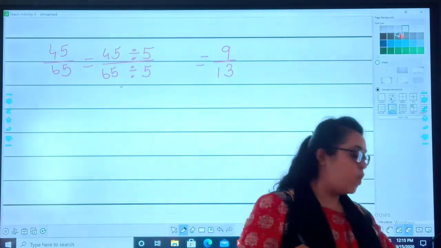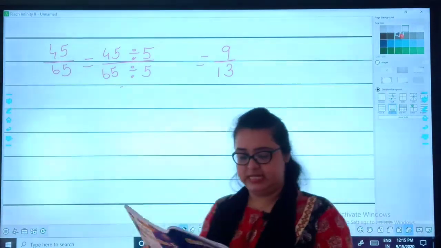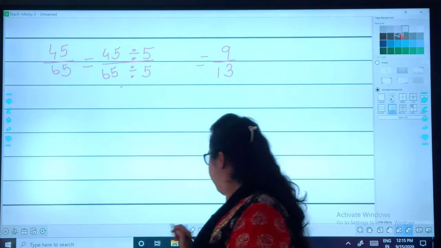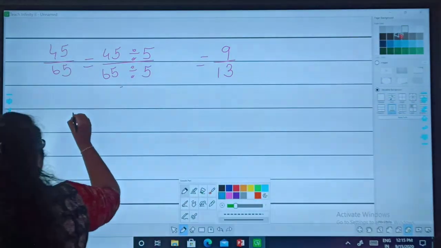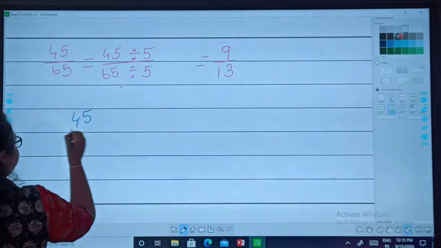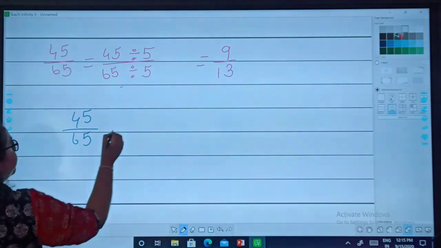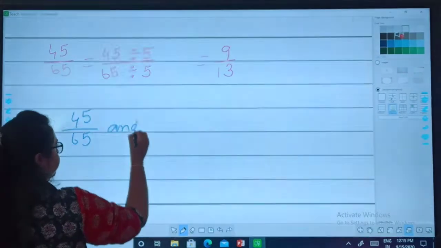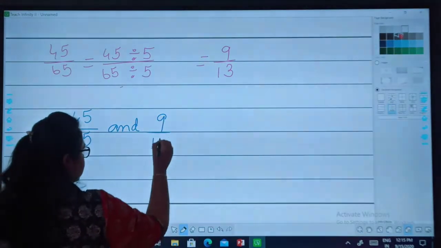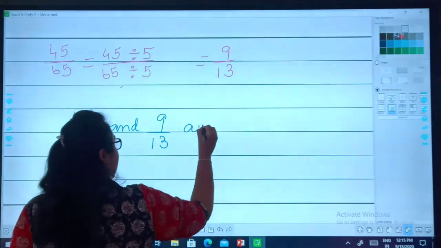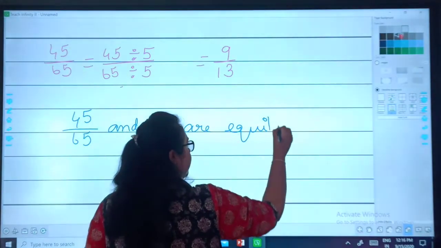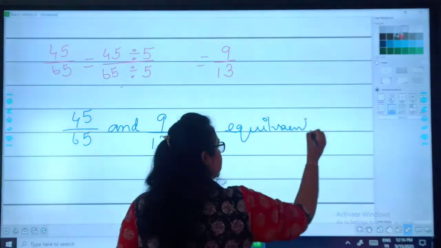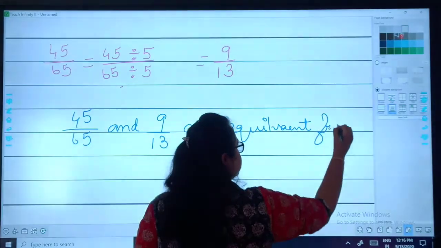Okay students, so I can say that 45 upon 65 and 9 upon 13 are equivalent fractions.